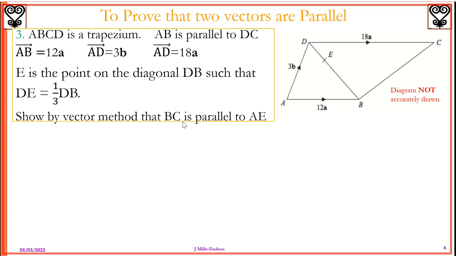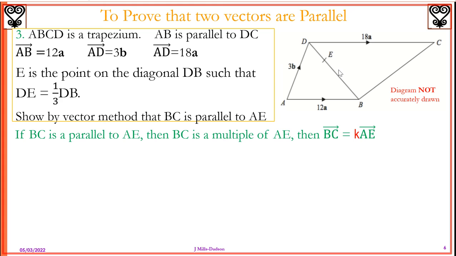Show by vector method that BC is parallel to AE. Okay. Now, if this is true, then it means that vector BC is a scalar of, or is K times vector AE. We must work out both of them and compare their components.